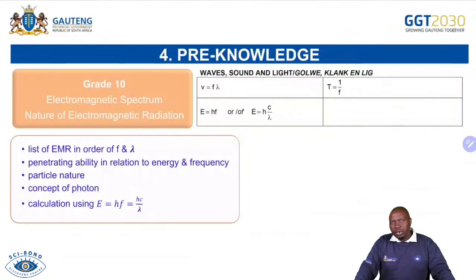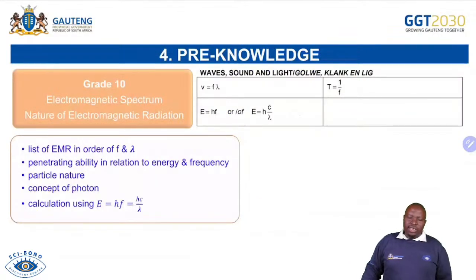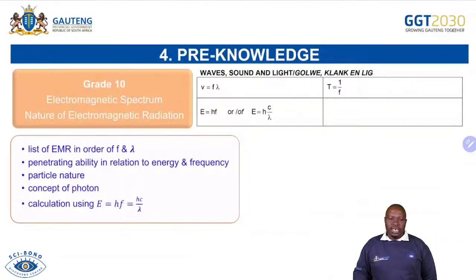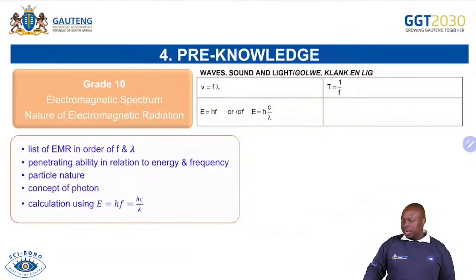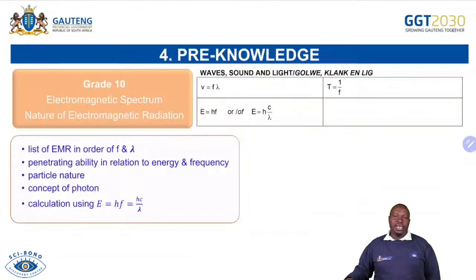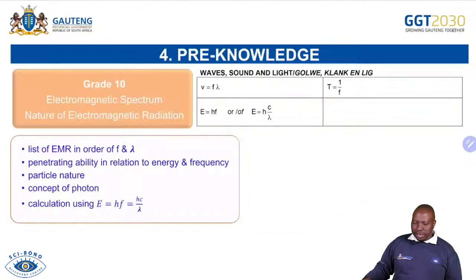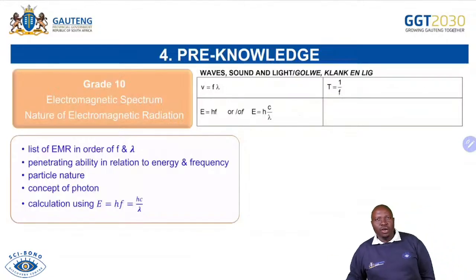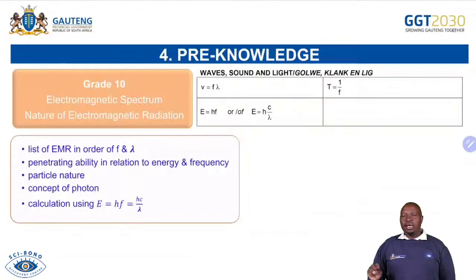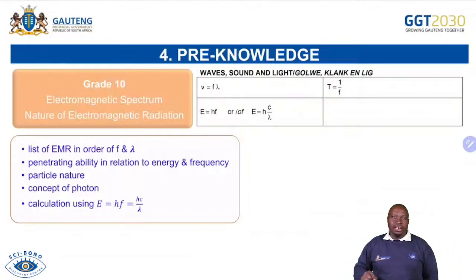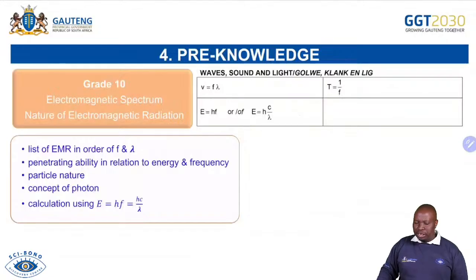Now, let's look at what you are bringing here to grade 12. You are not coming empty. In grade 10, I always emphasize that we are doing what is called the National Senior Certificate, which is a 3-year course. You started your NSC in grade 10, year number 1, when you started FET.